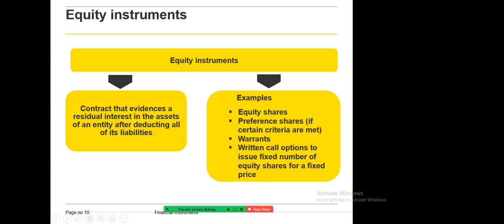That is why we say that equity shareholders get only the residual amount, right? Examples could be equity shares, preference shares, warrants, written call options.